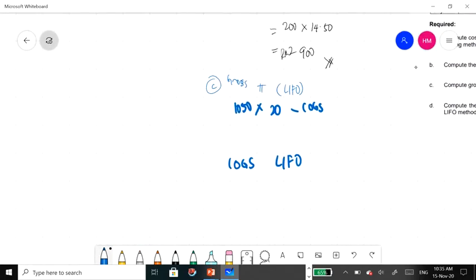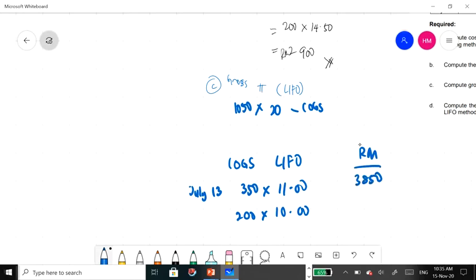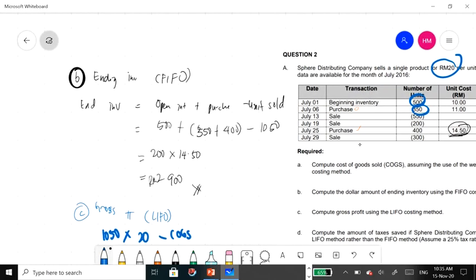So you buat lah 13 Julai, 350 darabkan dengan RM11 satu unit, dan satu lagi 200 darabkan dengan RM10 satu unit. So you akan dapat 3,850 and 2,000.